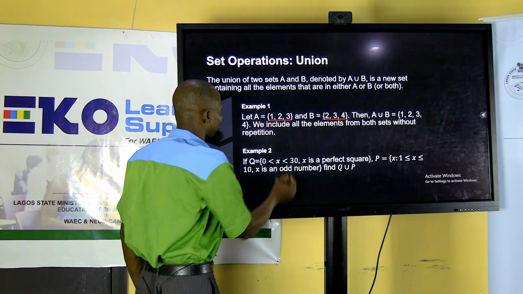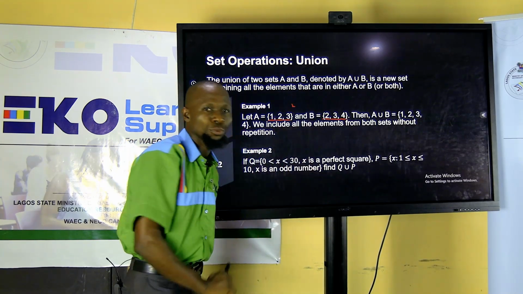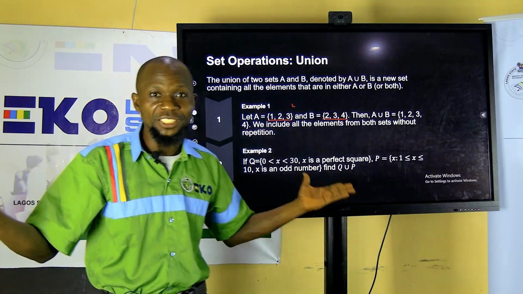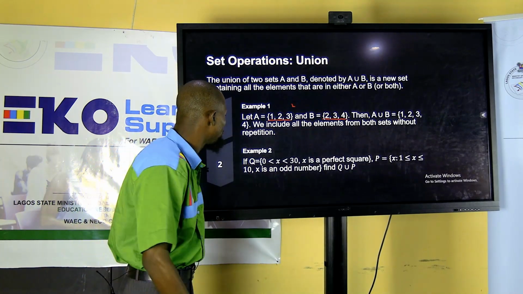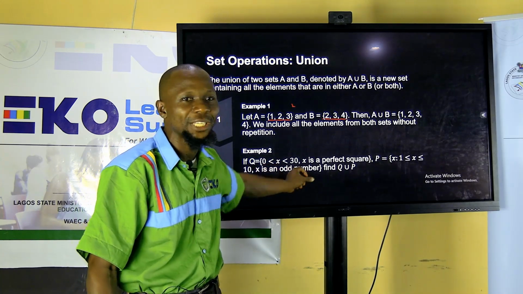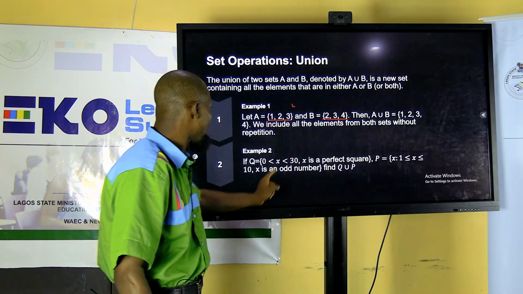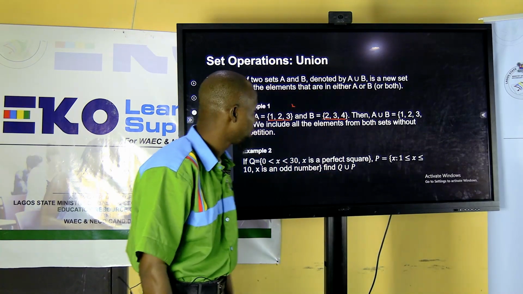Now look at this. I've used the listing method here. This is the set builder method of presenting our set, like I've mentioned earlier. So set Q is a set of numbers from 0 to 30. And then S is a perfect square. All right.